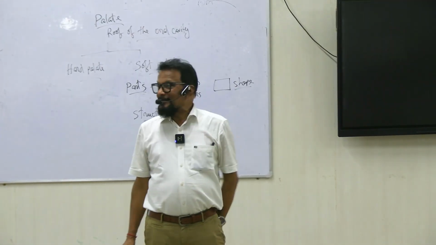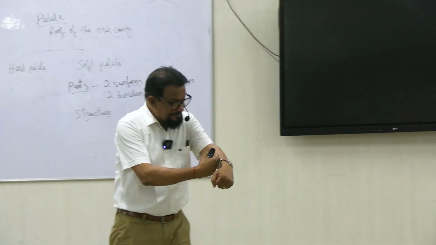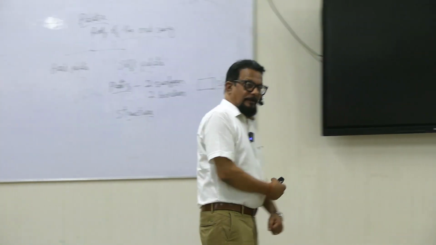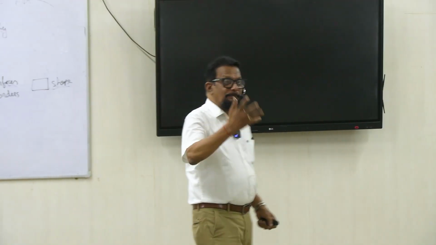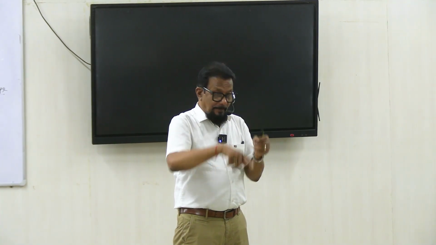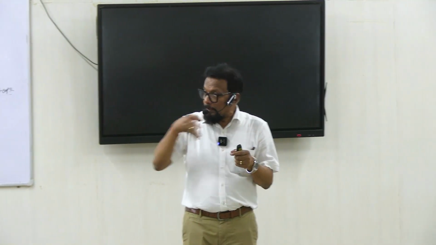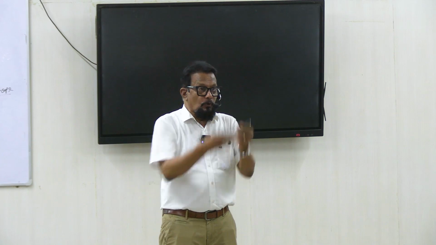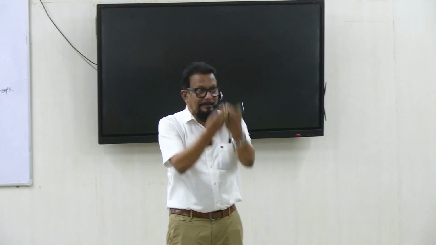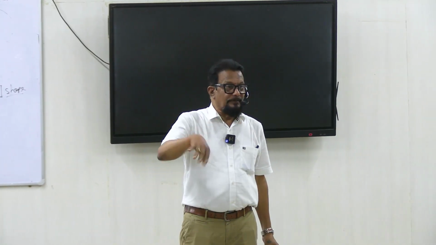One interesting thing is, if you inject inulin in your body, it cannot enter within the cell, it remains within the blood vessel. When it passes through the kidney, the glomerulus completely filters it.